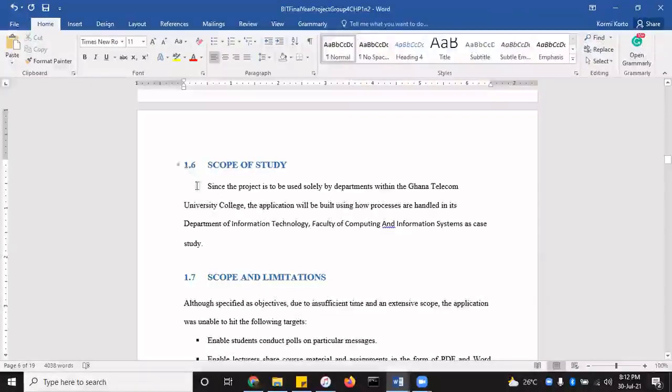So obviously, like write-ups, that's what I'm saying. Take your time. Most of you are BITs, you are partners, two of you. Each one should read the document. So when one person writes a whole page or a whole heading, give it to the other partner to also read through and make some corrections here and there.